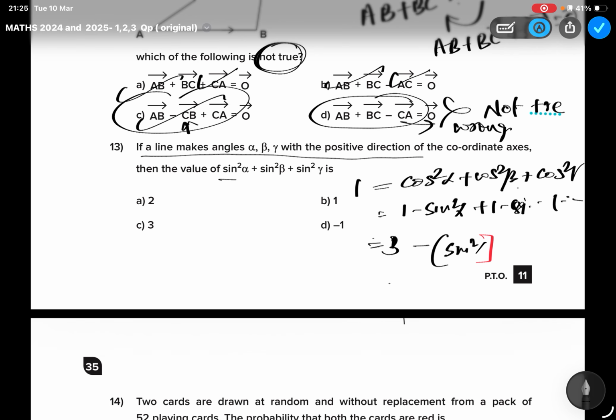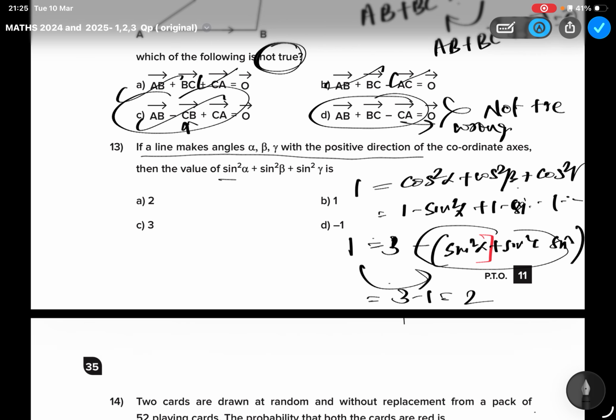You take this total value on this side and 1 on this side. 3 minus 1 is 2, so this total value is equal to 2.